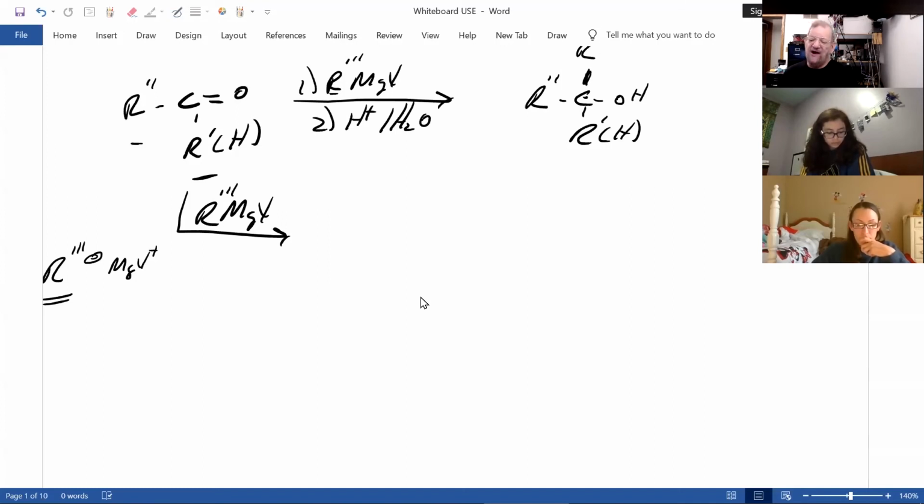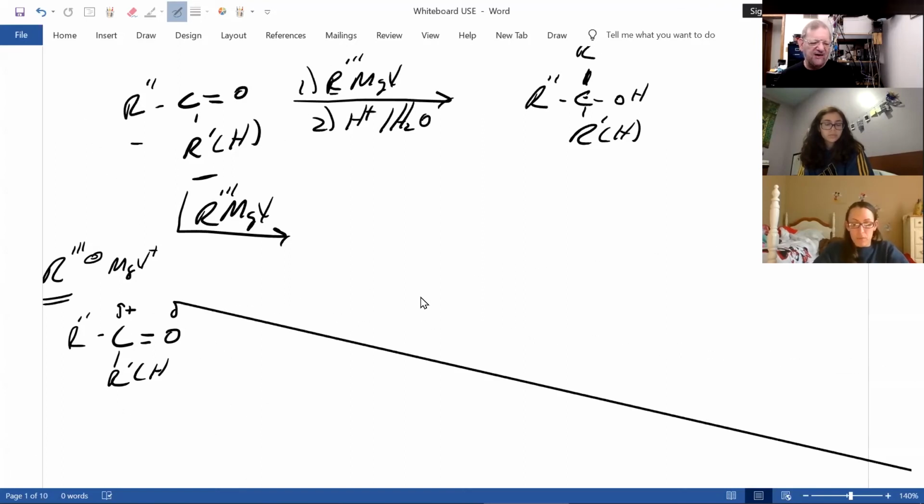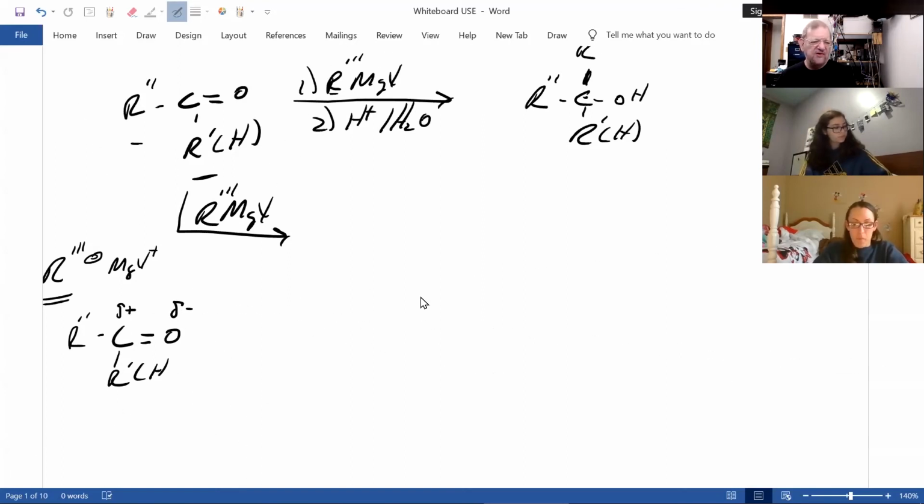And it's looking for anywhere positive it can attack and bond to. And remember the carbonyl carbon is slightly positive and the oxygen is slightly negative. So this is going to want to attack that, and it does. So this attacks that and forms this intermediate.